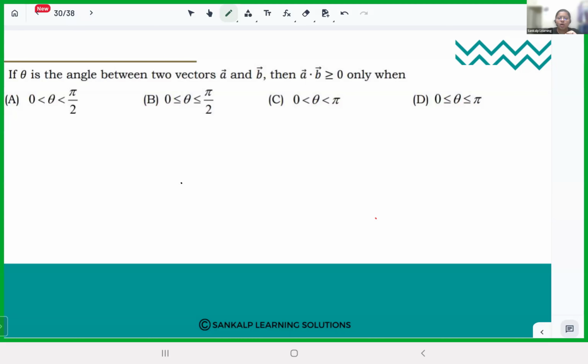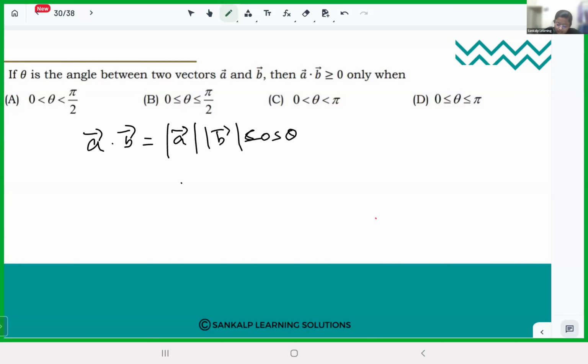Okay. So, what will be the value of theta in such a way that A dot B is greater than or equal to 0? We know A dot B is defined as magnitude of A into magnitude of B into cos theta.